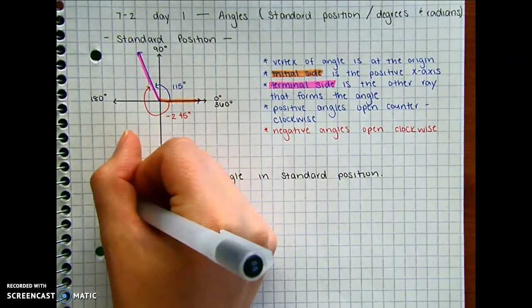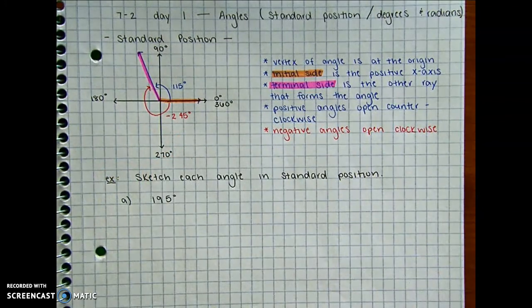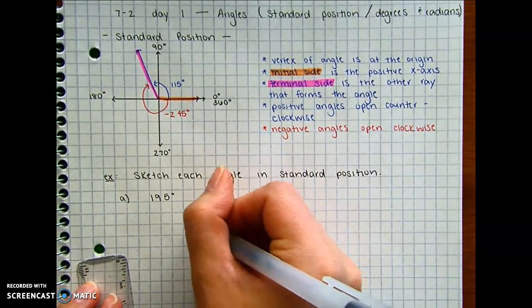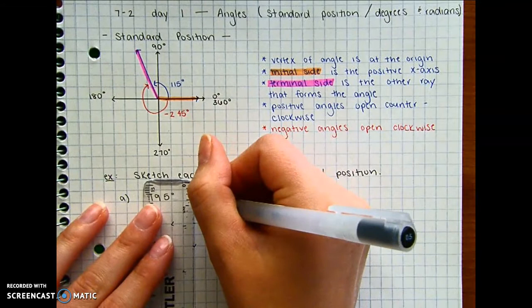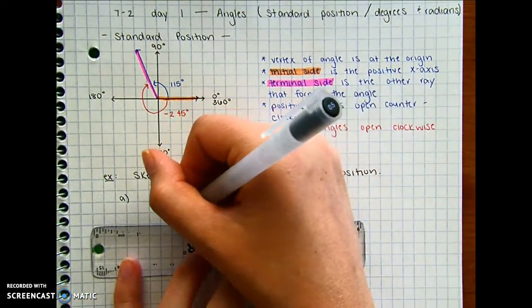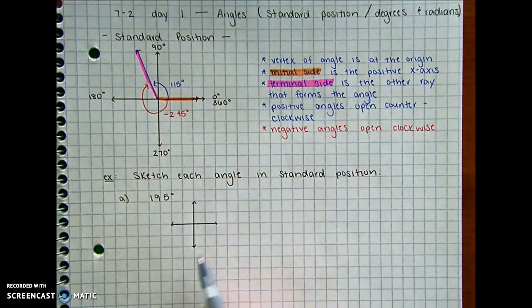So maybe I say 195 degrees. So what you're going to do is you're going to make a coordinate plane first. It doesn't have to be as big as the other ones we did. And then you need to keep in mind what each part of the axis is.